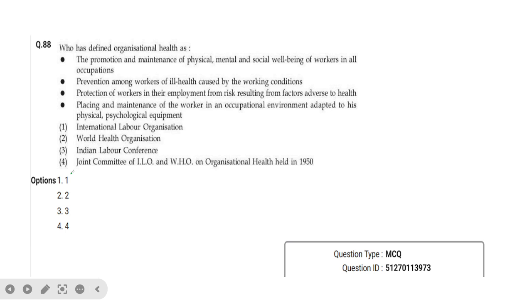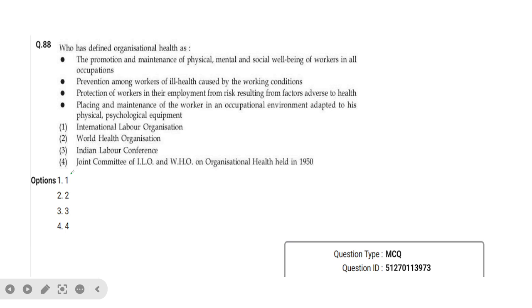Question number 88: who has defined organizational health as the promotion and maintenance of physical, mental and social well-being of workers in all occupations, prevention among workers of ill health caused by the working conditions, protection of workers in their employment from risk resulting from factors adverse to health, placing and maintenance of the worker in an occupational environment adapted to his physical, psychological equipment.